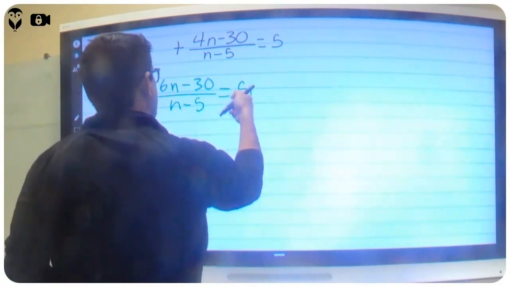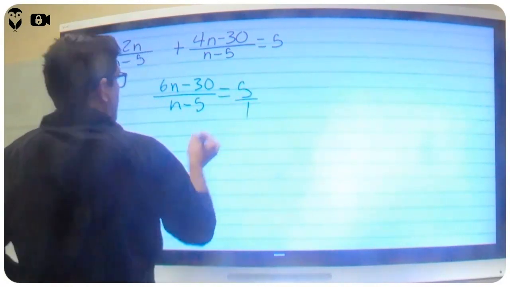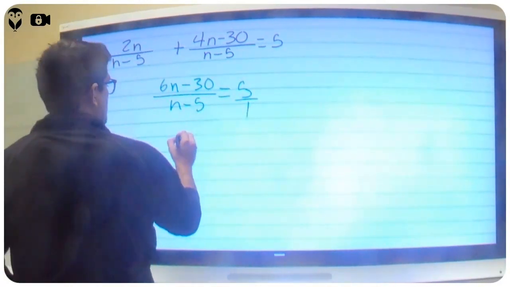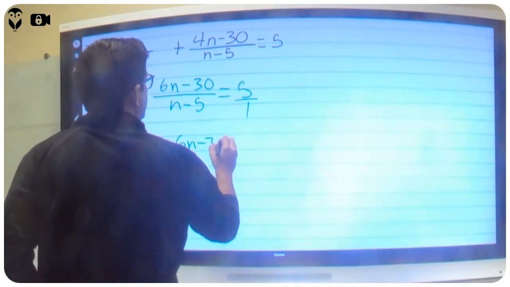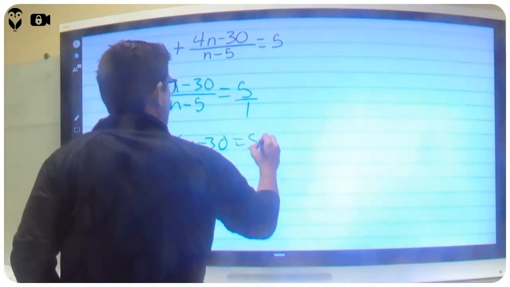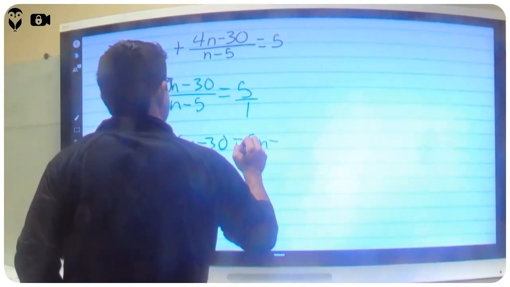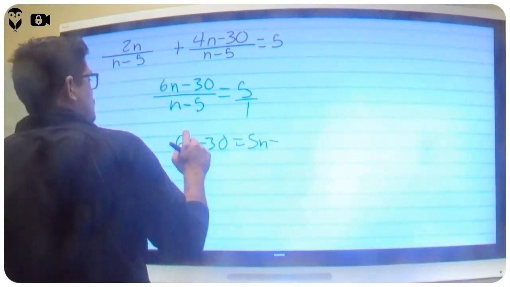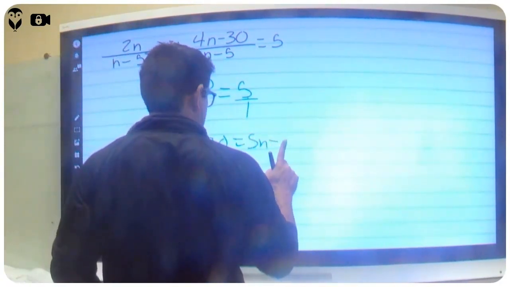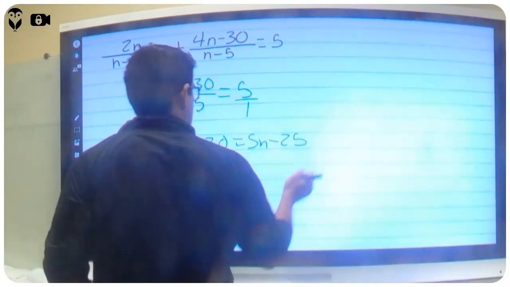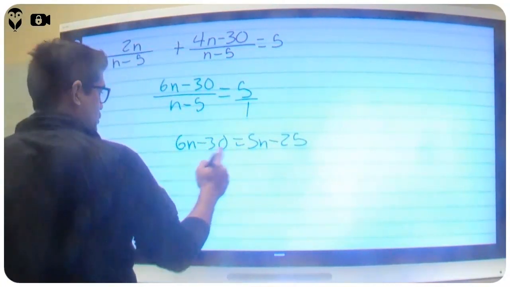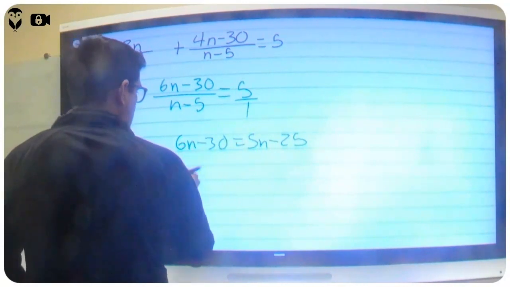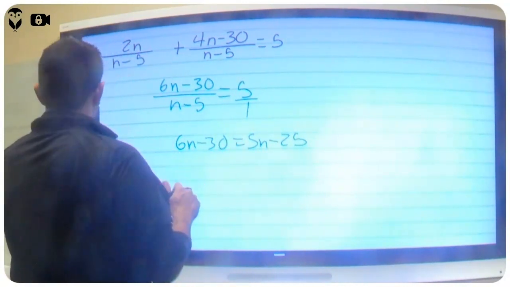So here there's a fraction equals something else. Let's make a fraction equals a fraction, so we can cross multiply. 6n minus 30 equals 5n minus 25. So now we are going to subtract 5n on both sides.